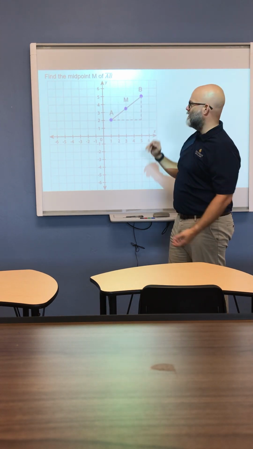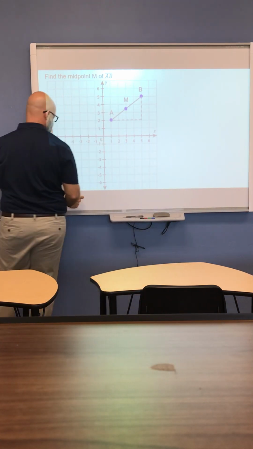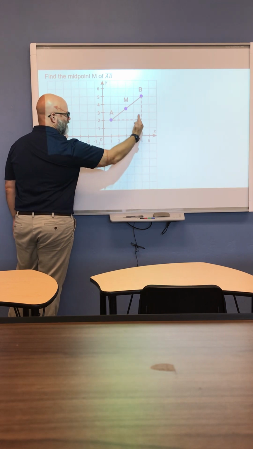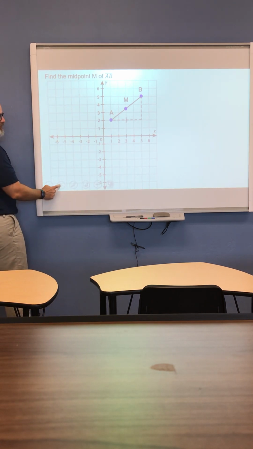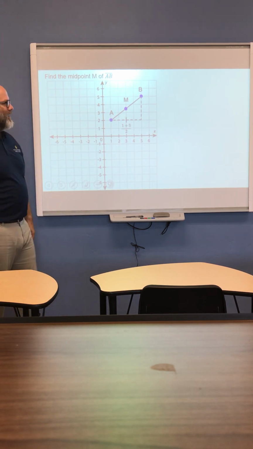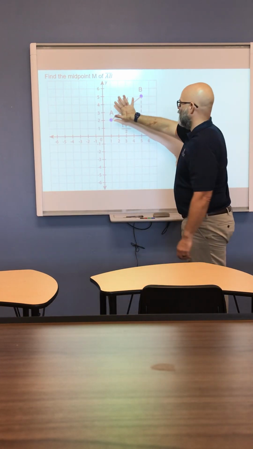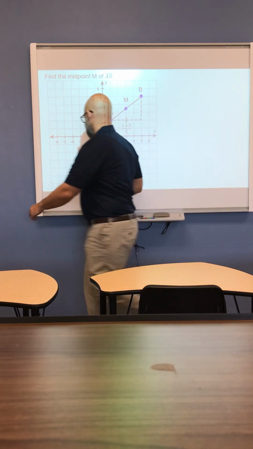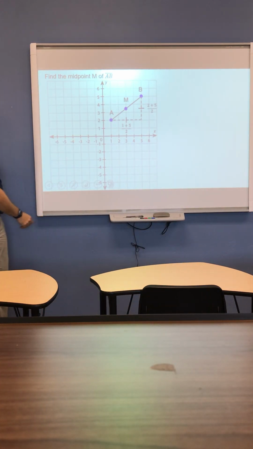How do we do that? Simple average. All right, we got 1 and we got 5, so 1 plus 5 divided by 2. How about the height? How am I going to get the height? Ignore everything else and, to get the midpoint of the height, take a simple average of what two numbers? 2 and 5. Great.